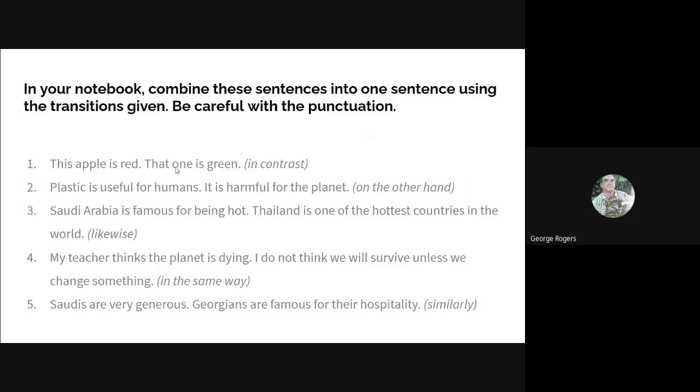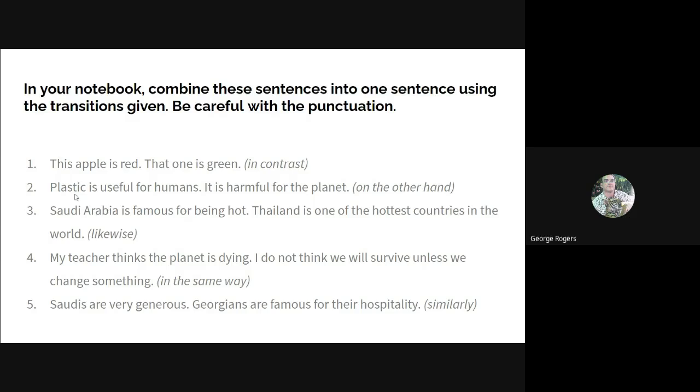So try to do that. Remember, semicolon, in contrast, comma. We're going to do that, very structured for each one. So one apple is red, one apple is green. Again, how are they different?